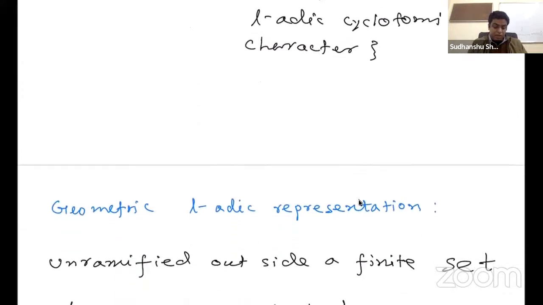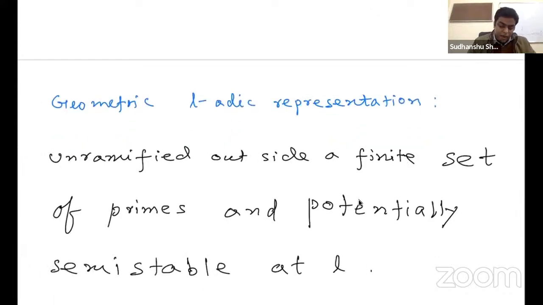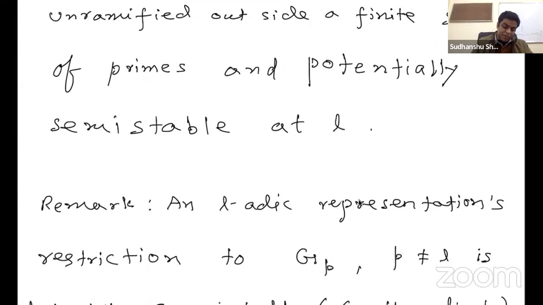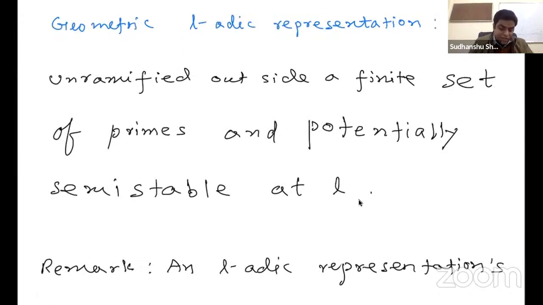What is a geometric representation in general? It is a representation which is unramified outside a finite set of primes of Q, and which also needs to be what we call potentially semistable. I have written here semistable representation at l. In fact, the definition, if you look anywhere, says potentially semistable everywhere.